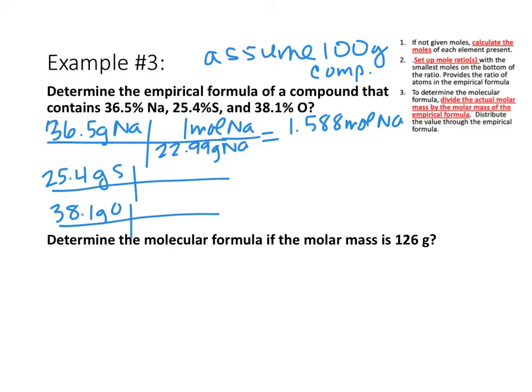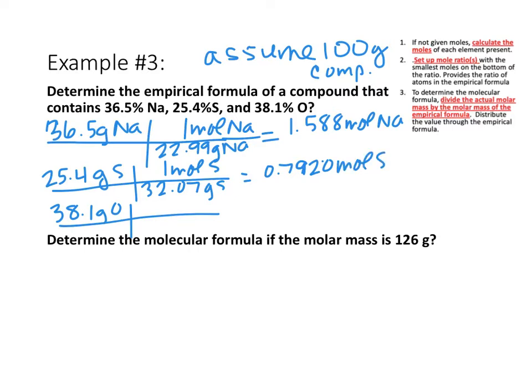The molar mass of sulfur, 32.07 grams of sulfur in 1 mole of sulfur. 25.4 divided by 32.07, and we get 0.7920 moles of sulfur.